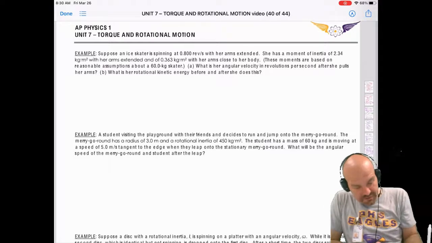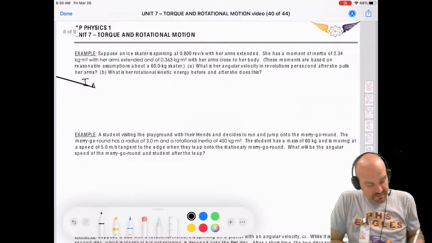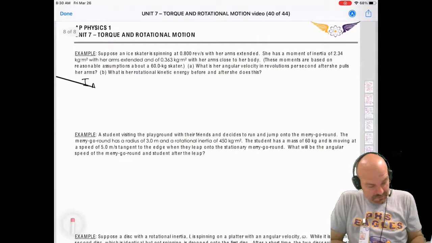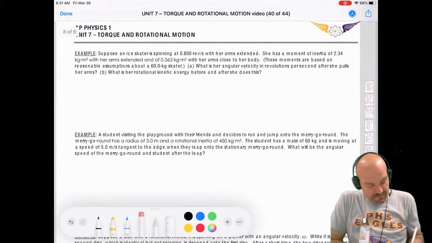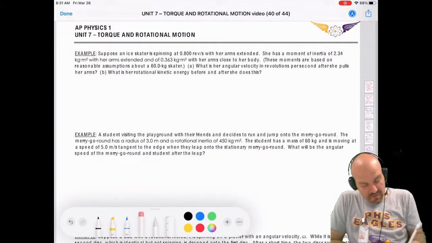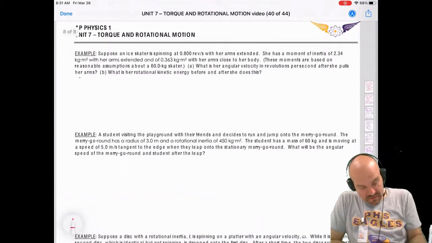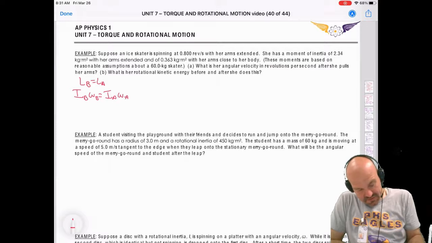All right. So first one, right? L before equals L after. So we're going to do, right? L before equals L after, which means I before omega before equals I after omega after.